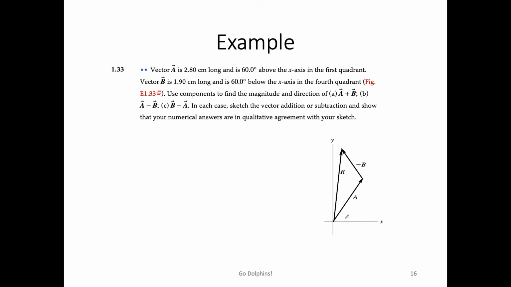Now we do the same to find A subtract B. We call it R, A subtract B. You find the X component of R, AX subtract BX. Go to the component slide and find out what the components are.